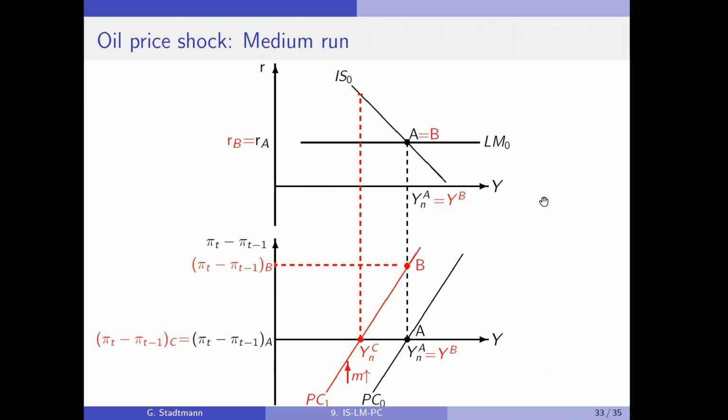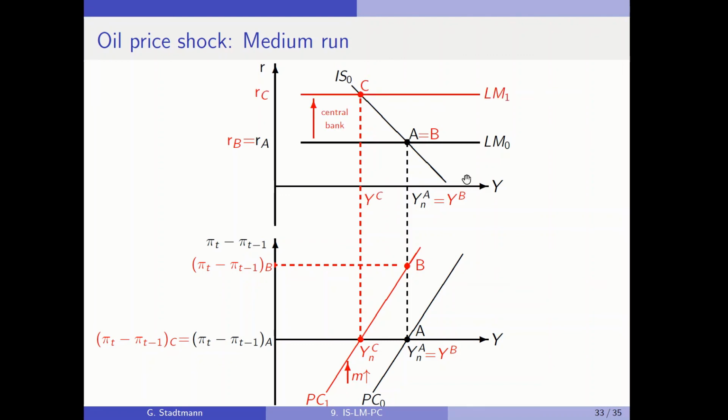So the central bank has to increase the interest rate by this distance here. Only this amount of increase of the interest rate is enough so that in the end the inflation rate is constant, so that the inflation rate does not change even further.